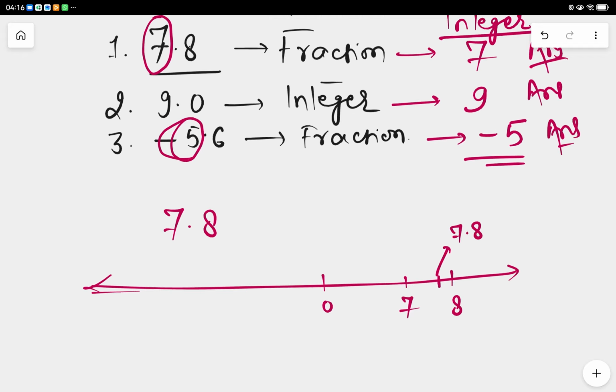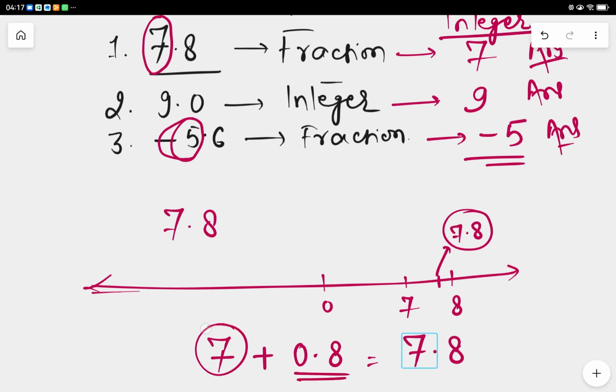This number has been formed by 7 plus 0.8. So if you add 0.8 to 7, the number changes to 7.8. That's why 7 is the main integer part, and 0.8 is the decimal part.